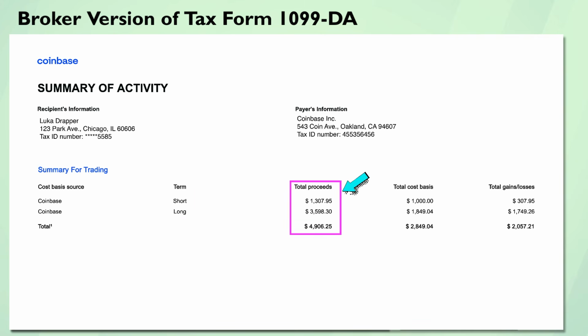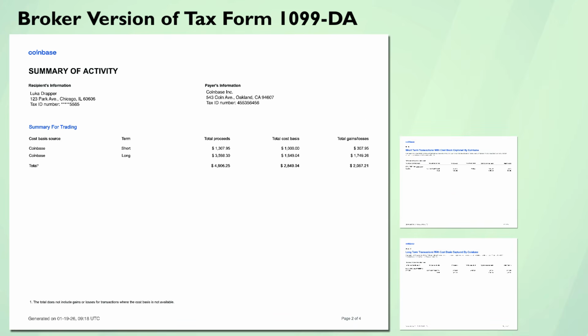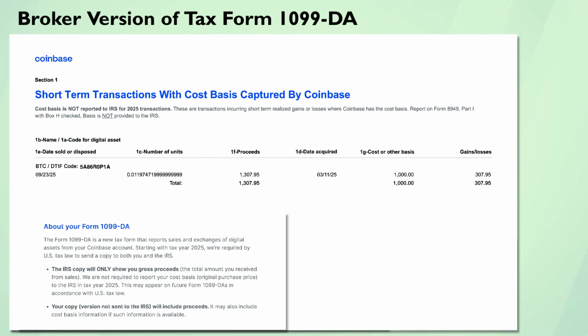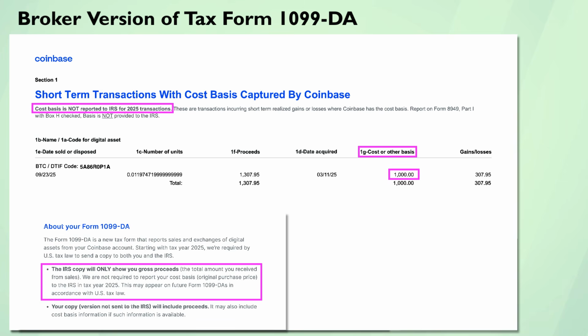The total proceeds from Box 1F and the cost basis from Box 1G are listed here, along with the calculated gain or loss. The first page provides a summary table, and the following pages include detailed information for each transaction type. For example, under the short-term section, there is a note stating that the cost basis was not reported to the IRS, even if Coinbase, in this case, does provide it here.